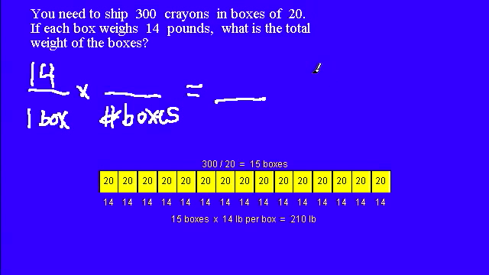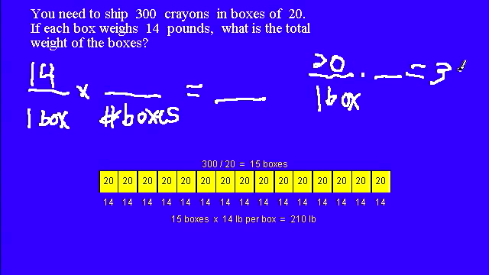But if you wanted to analyze it, again you could set it up as 20 crayons in a box times the number of boxes has to account for 300 crayons.